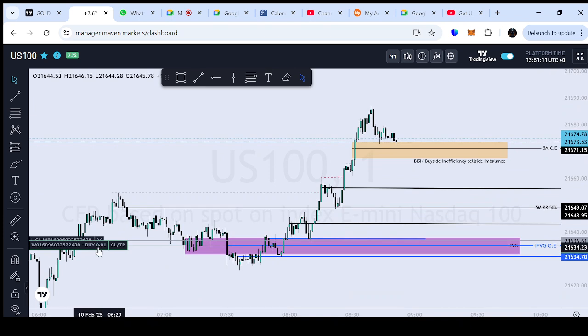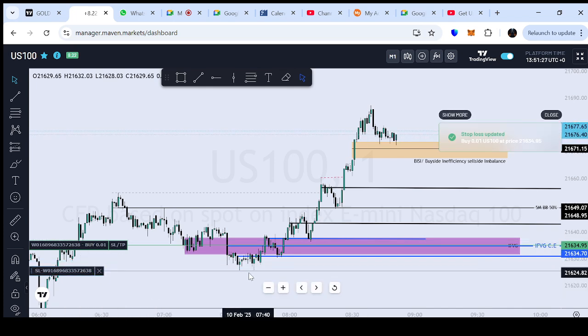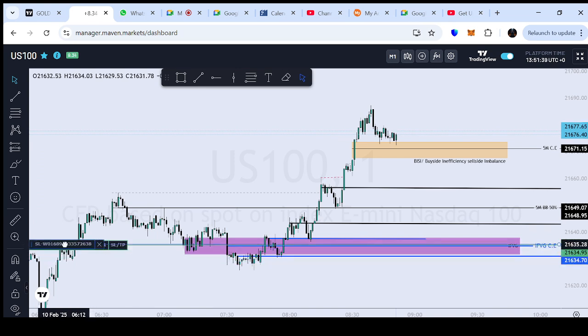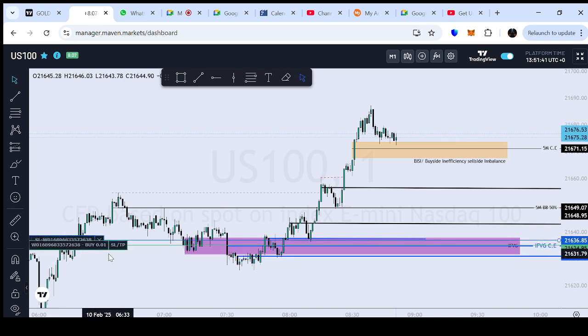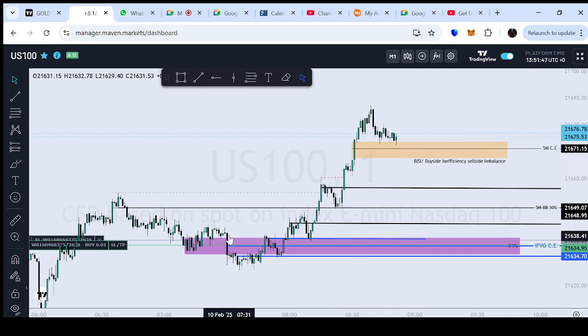Now I've moved my stop loss to break even. Break even is where you entered, where you clicked the button to enter the trade. My stop loss was below here, so I had to move it, because price has moved in profit already. You can see it's in profit already. So what you have to do is move your stop loss to break even, so that if price goes against you, you will not lose any money.